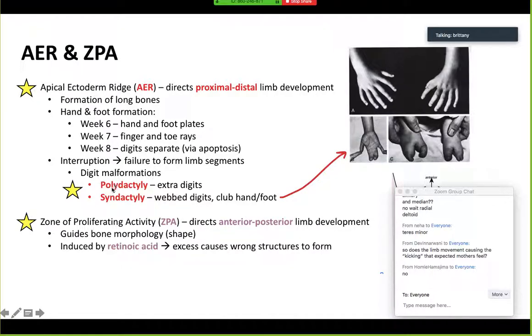And also, I believe this was one of his questions, the difference between polydactyly versus syndactyly. So make sure you know these clinical correlates that are just definitions, that's easy points. So polydactyly, you're going to have multiple digits, and then syndactyly, you have webbing of the digits.